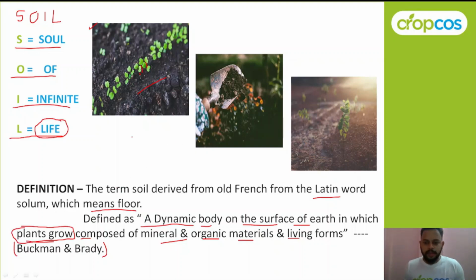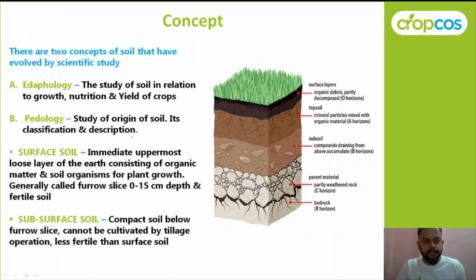Now we will see one of the most important concepts of today's class: edaphology and pedology. We have now seen the entire outlook of the scientific structure of the course. If you remember, one of those topics was soil fertility and nutrition.